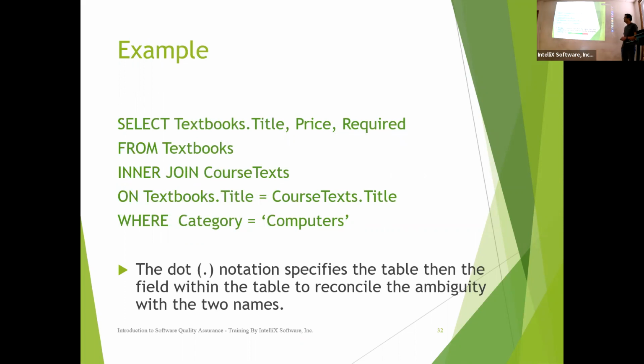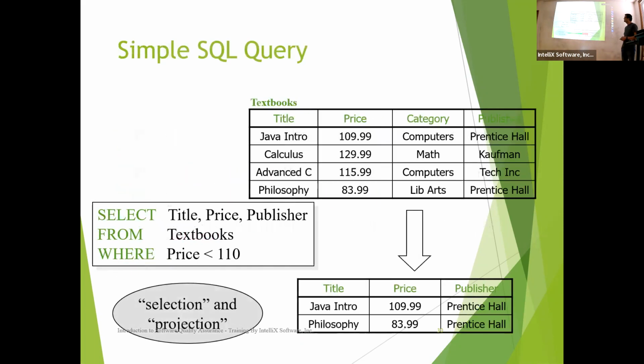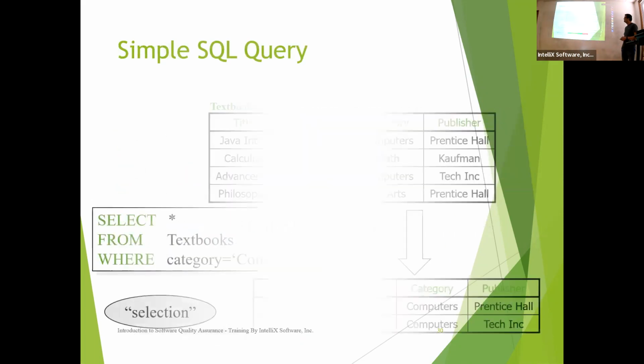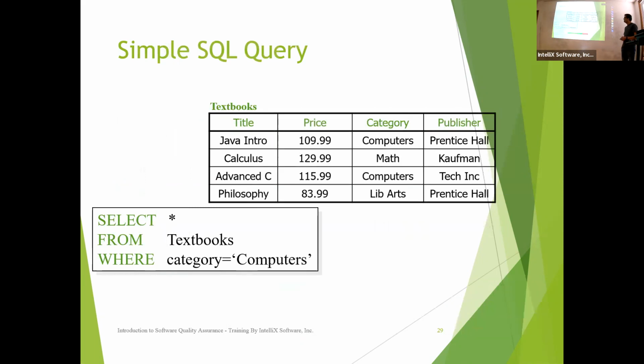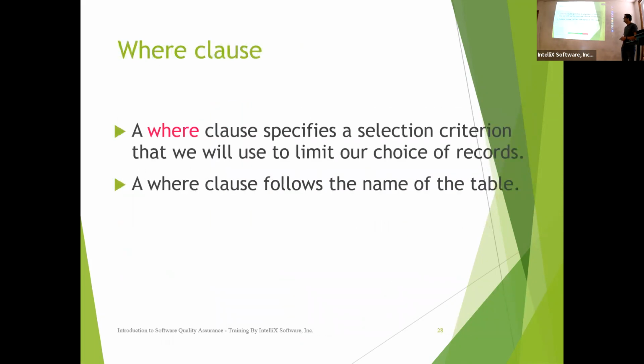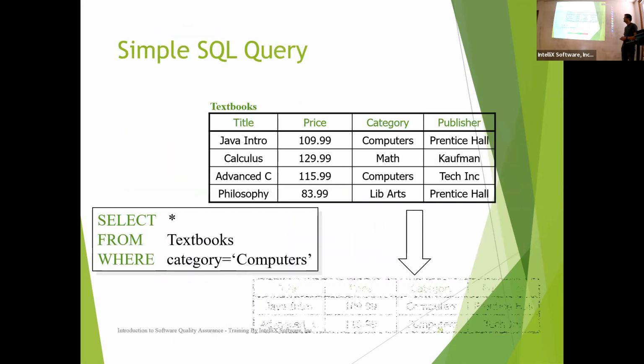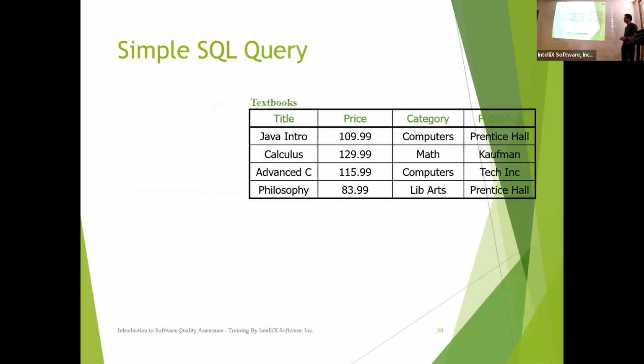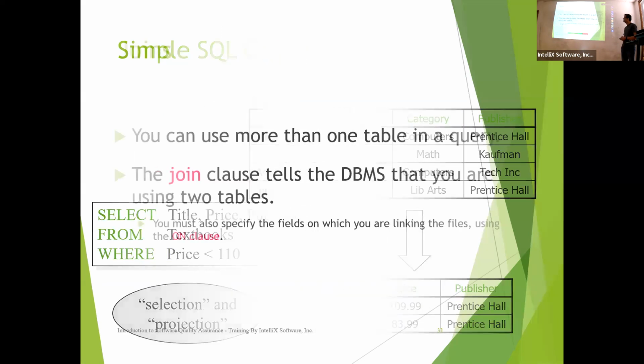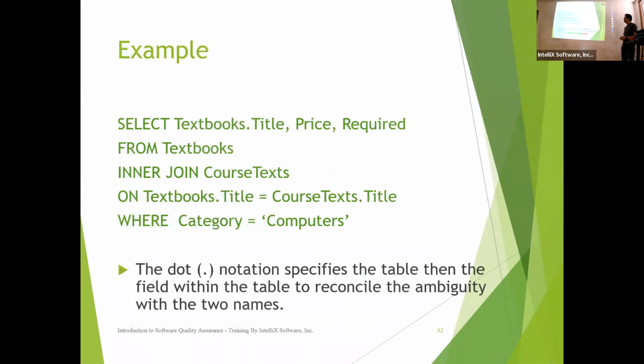Let's see if I have an example in the back. Otherwise, I'll show you in SQL. Here in this query, I'm pulling information from 2 tables, textbooks and course text.